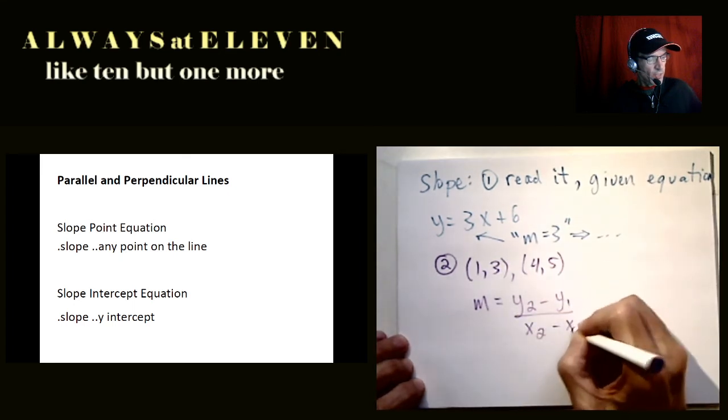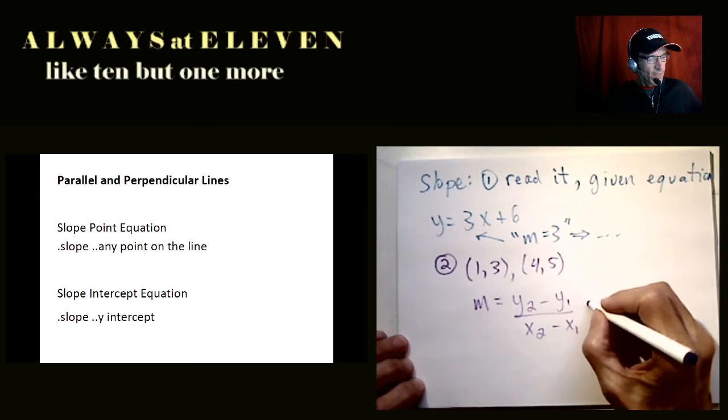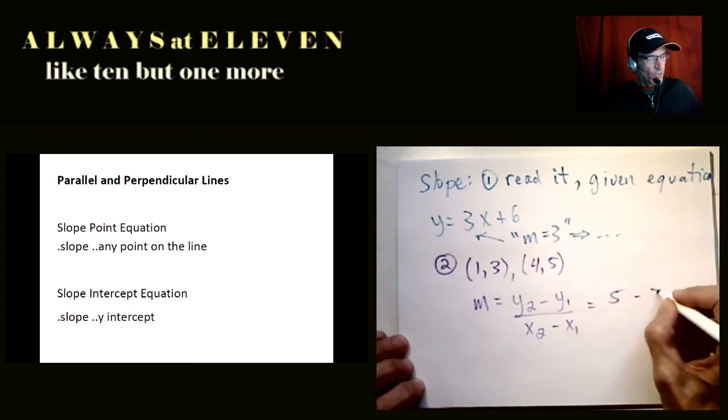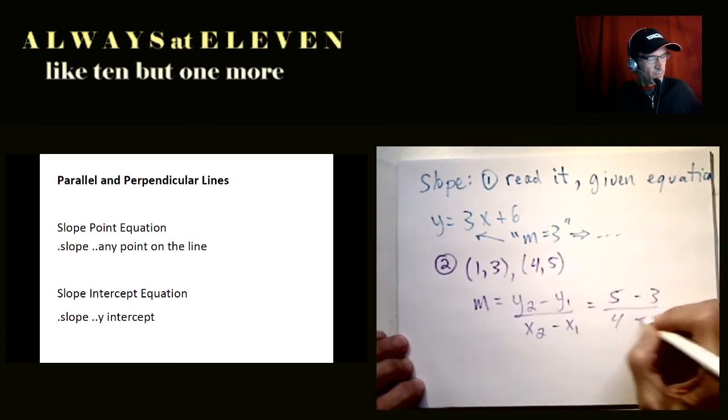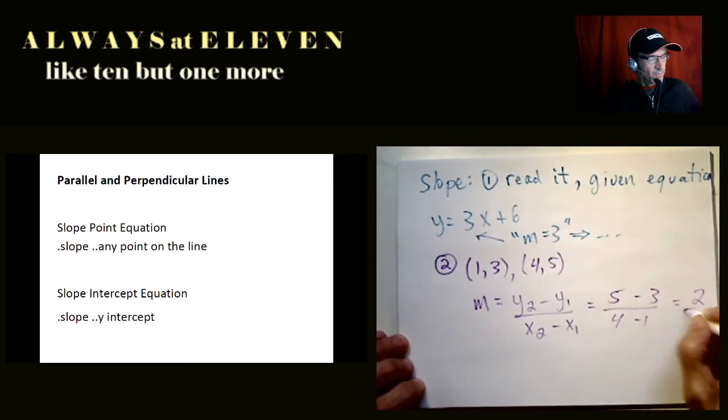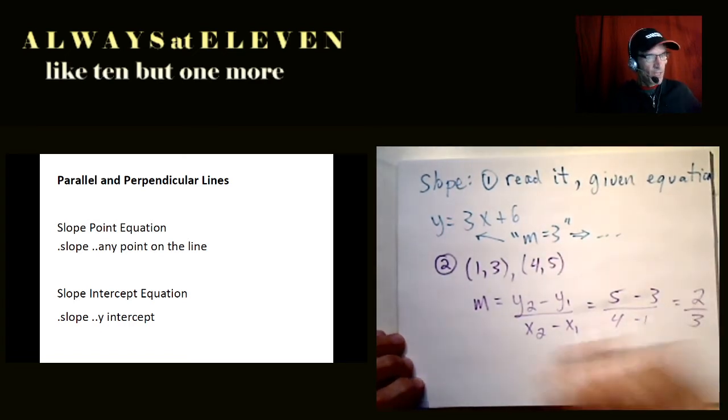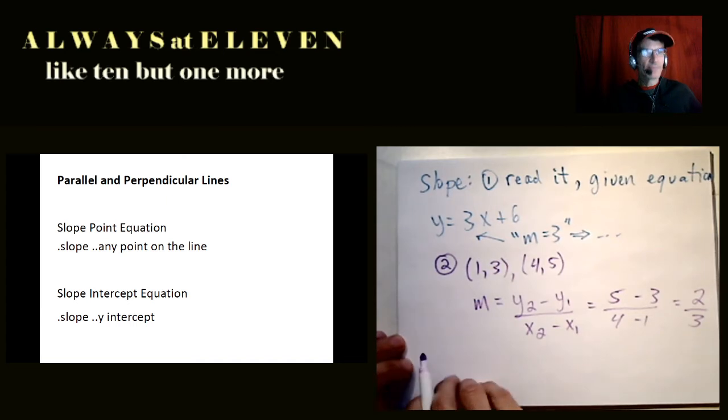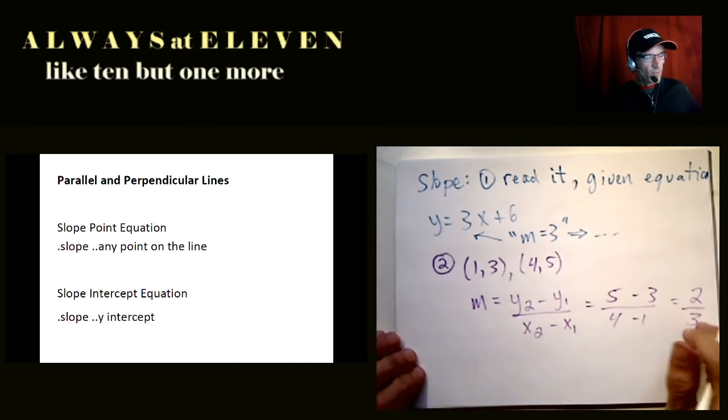You work it out, and then you use this result in the equation that we're creating. You either use it directly if they're parallel or switch it up if it's perpendicular.